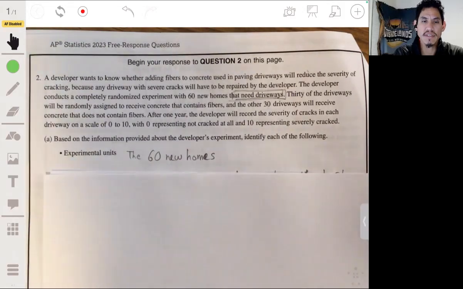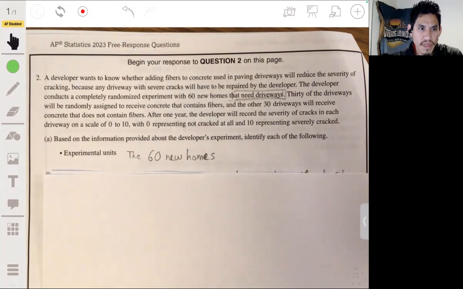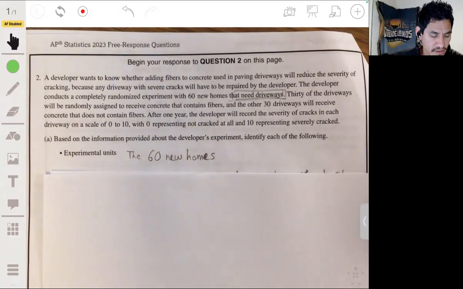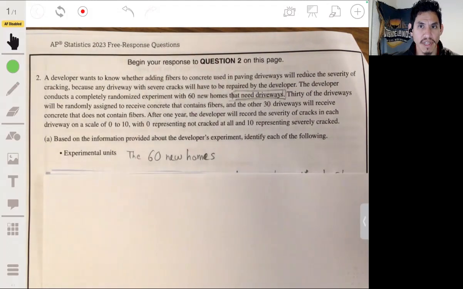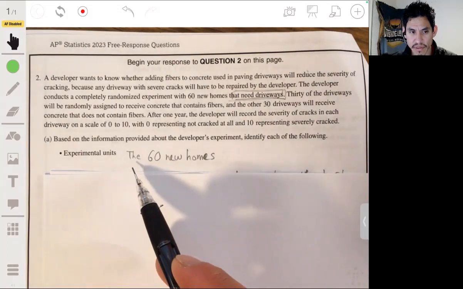The 60 subjects will be the experimental units. It's not going to be the 60 hearts of those 60 subjects. It's going to be the 60 people. Because again, by definition, the experimental unit is the smallest collection of individuals to which the treatment can be applied. So you can't apply more than one treatment to each person and expect to record the data, which just wouldn't work. So the answer is going to be 60 homes.